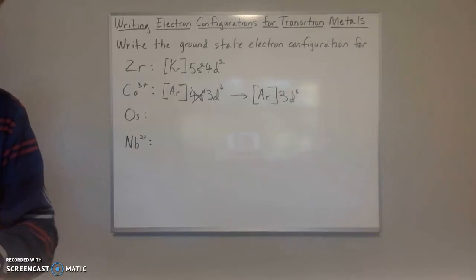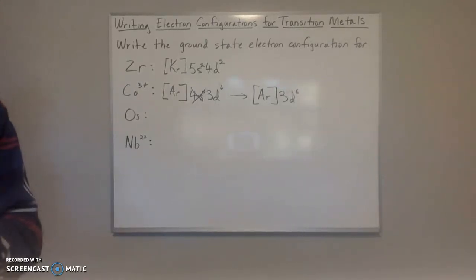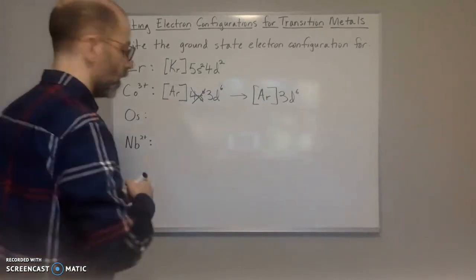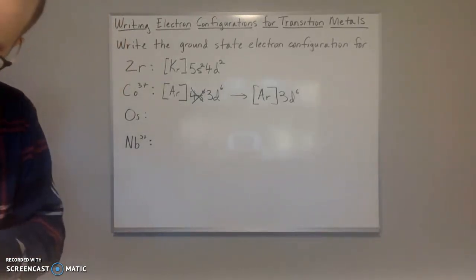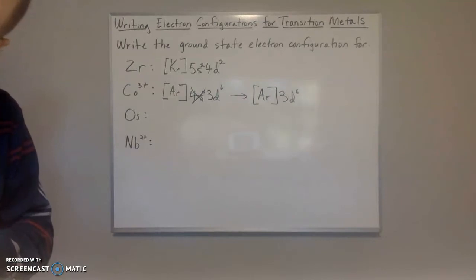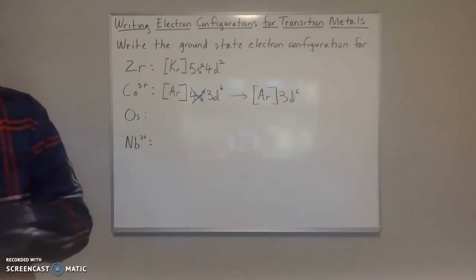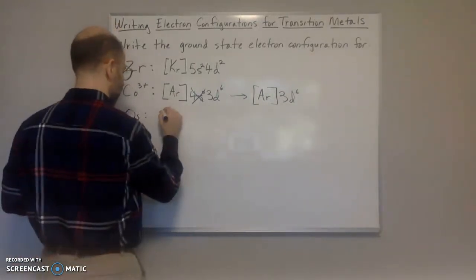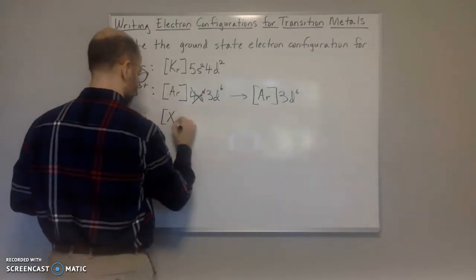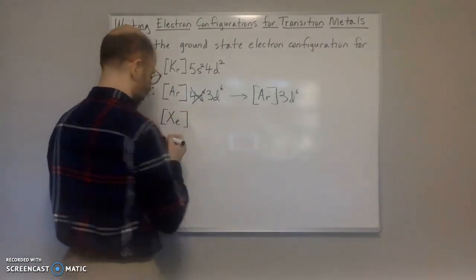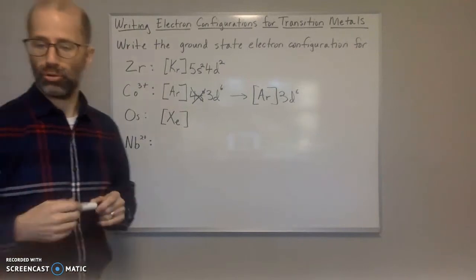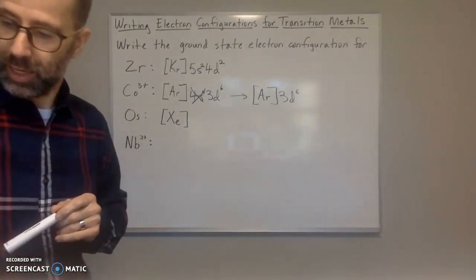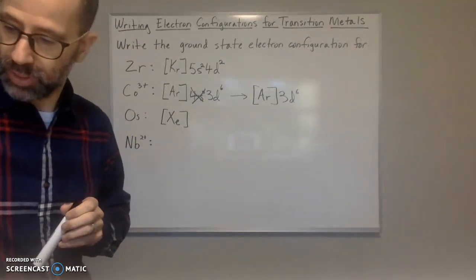It's in period 6. So here, the noble gas that comes before Os is going to be Xe. So here we're going to have square brackets Xe, xenon, and then what sublevels is it going to go through?